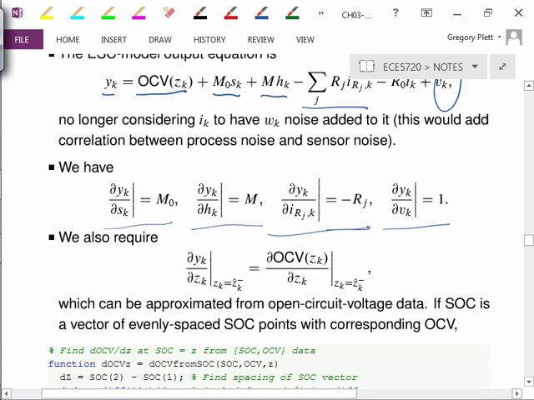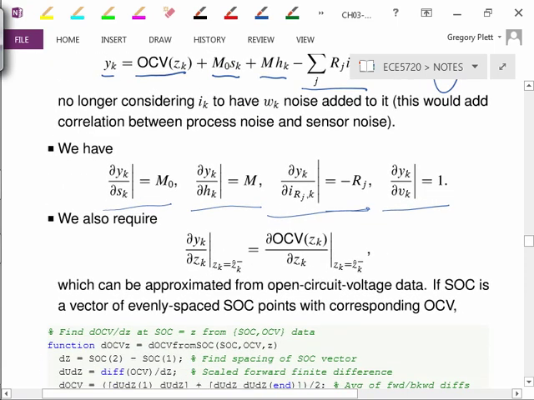The last thing that we need to be able to do is compute the derivative of the output with respect to state of charge, which is computing the derivative of the OCV function with respect to its input state of charge and evaluate it at the present state of charge estimate, prediction, z hat k minus.